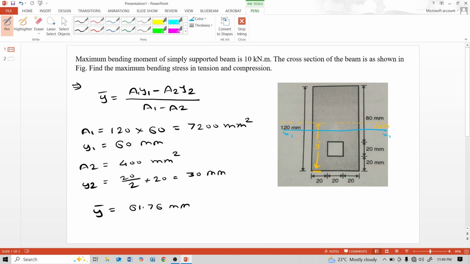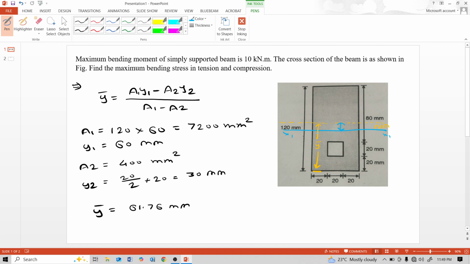So Ixx1 is 60 as it is, multiplied by 120 cube by 12, plus the area of this whole rectangle, 7200, multiplied by the square of the distance between the neutral axis and this rectangle's neutral axis.